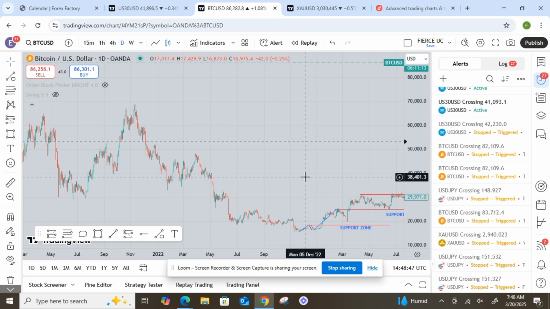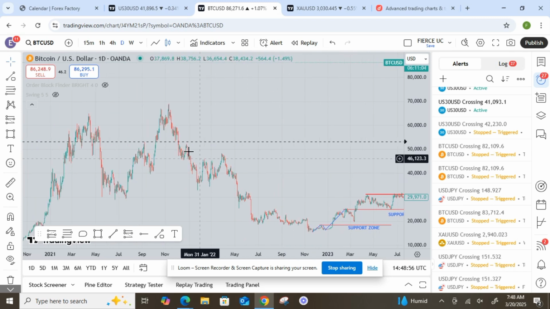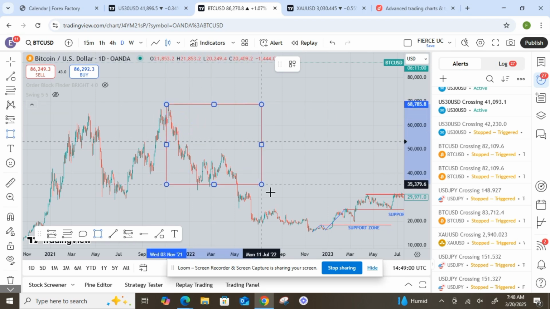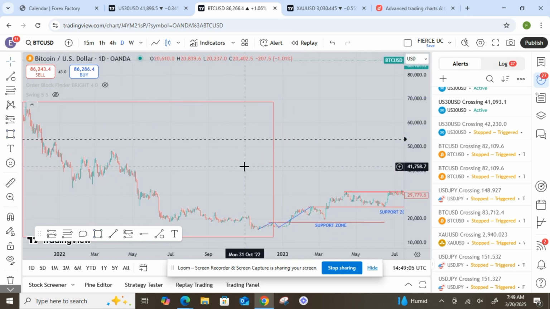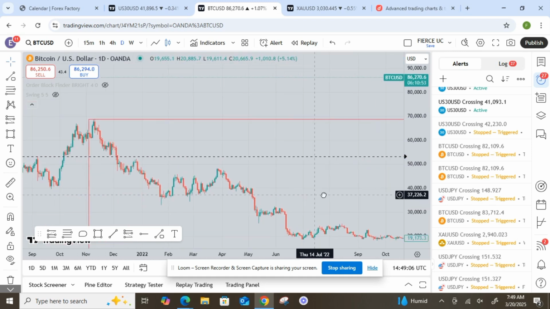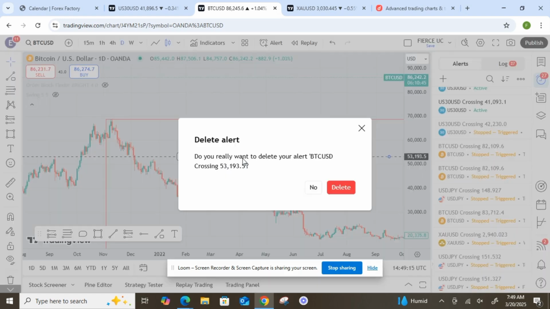So for a downtrend, we look for what? Selling opportunity, right? So look now, I've zoomed out first. I've seen this thing, so let's analyze this place from here to here. For a downtrend, our focus is to look for sell opportunity.